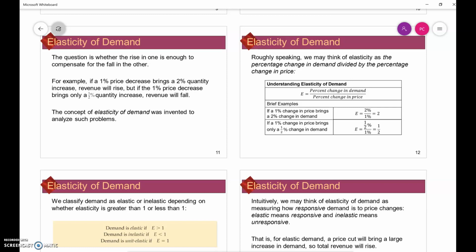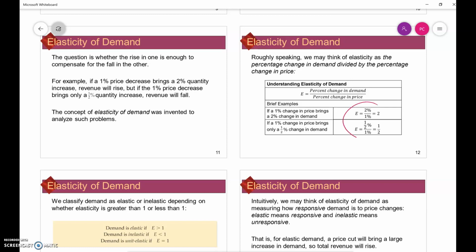So roughly speaking, we can think of elasticity as the percentage change in demand divided by the percentage change in price. Okay? So your elasticity is your percentage change in demand divided by your percentage change in price. So brief examples. If a 1% change in price brings a 2% change in demand, the elasticity is 2. If a 1% change in price brings only a 0.5% change in demand, your elasticity is 1/2.